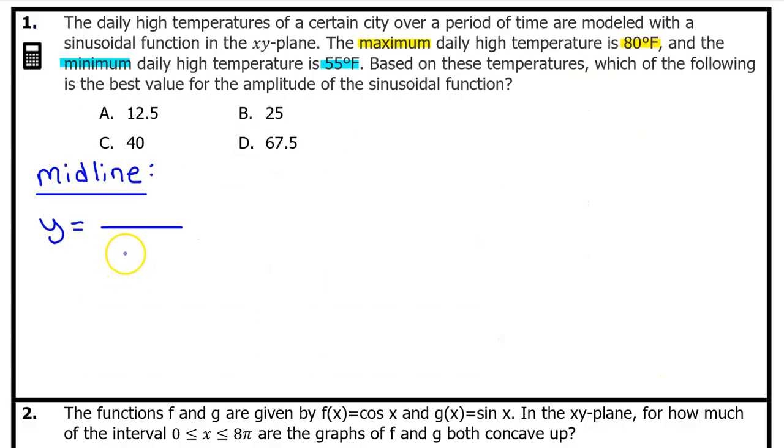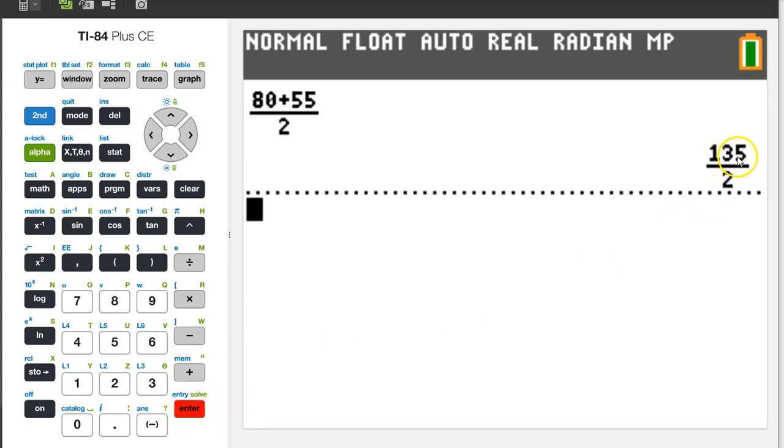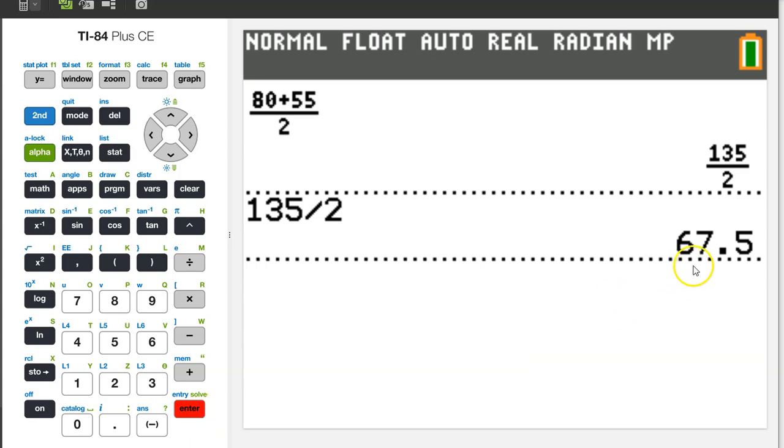So for problem number 1, we can find the midline by taking the average of the max and min. That will be 80 plus 55 divided by 2. That's 135 halves. Or you could do 135 divided by 2 and put 67.5.